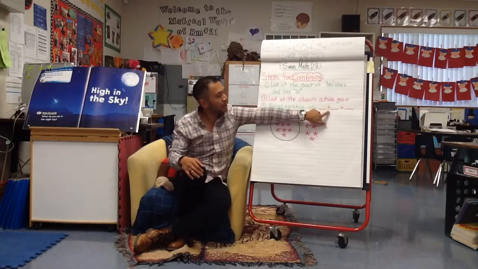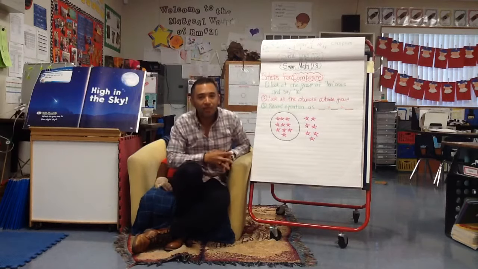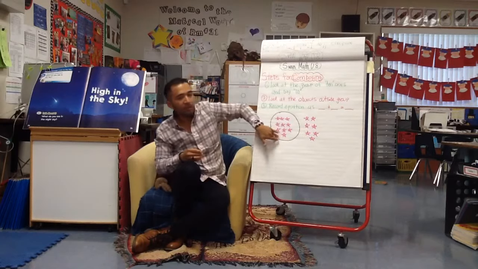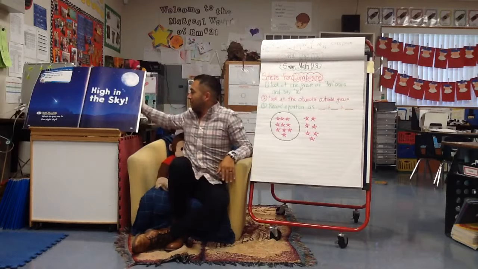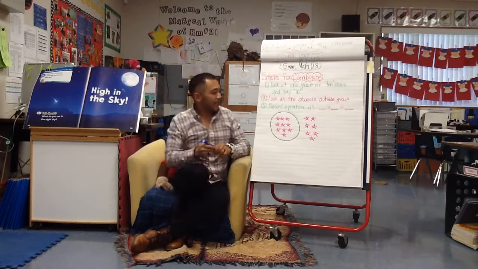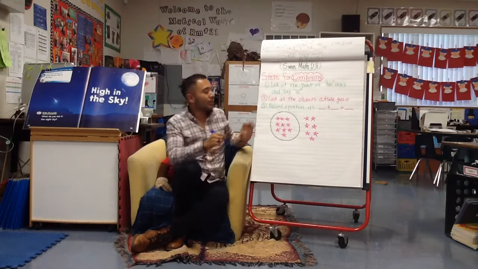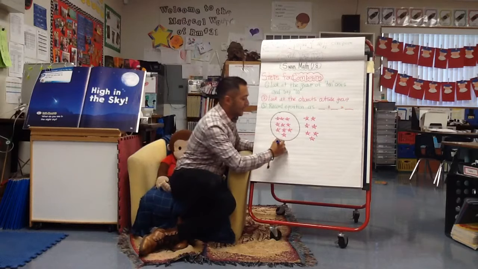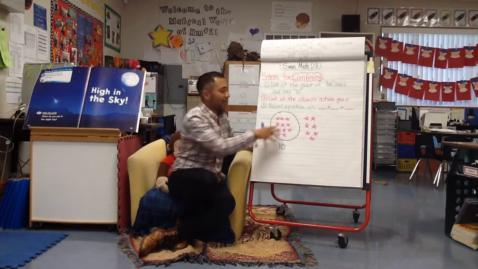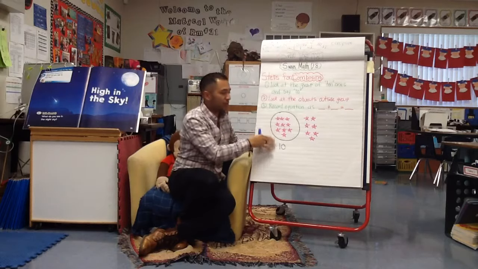And if you notice, this is how I set up my equation for composing numbers. First, I have to look at the parts. I am going to grab my pen, and I am going to write 10 down here to help me remember that I have 10 objects in this circle.